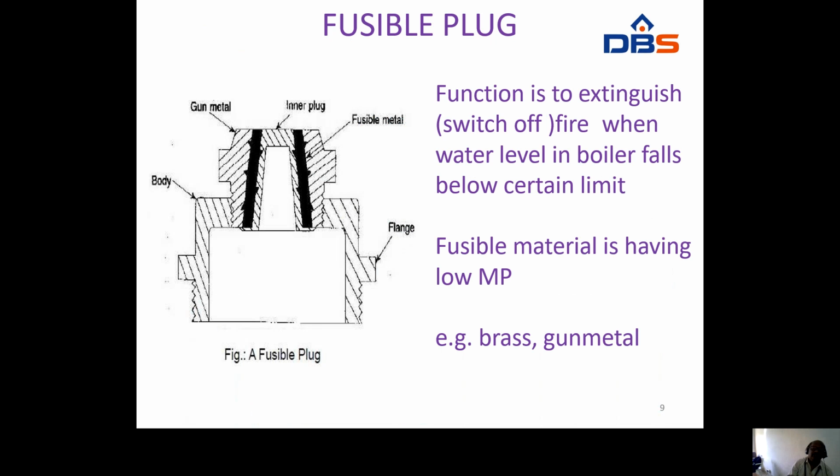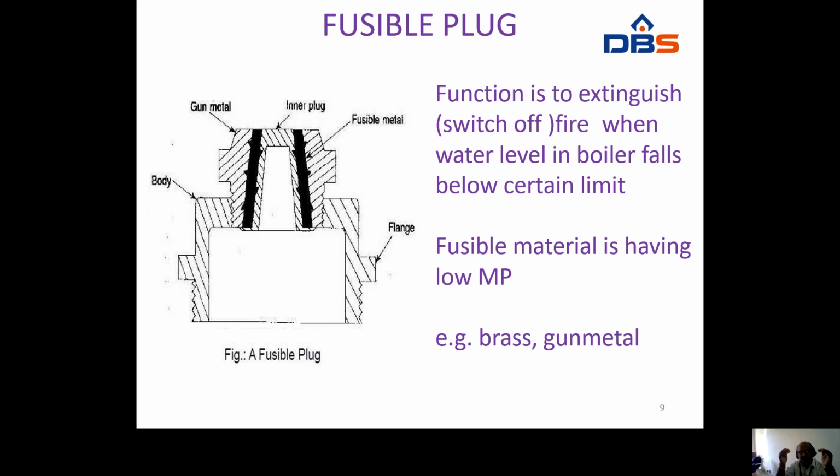There is another mounting, that is a fusible plug. The fusible plug switches off the fire. Why? Sometimes if there is a shortage of water in the boiler, steam generation cannot take place, because for steam generation it requires some water.